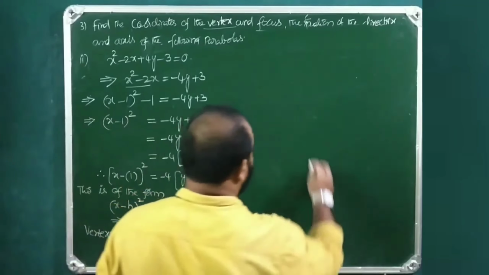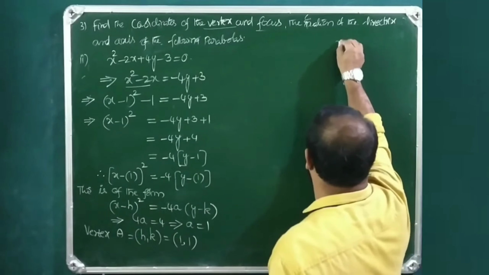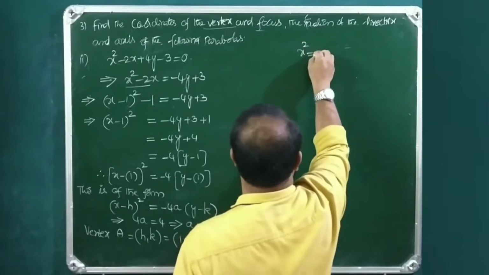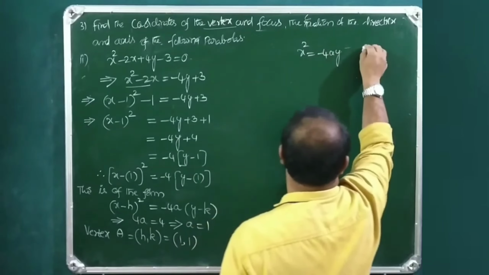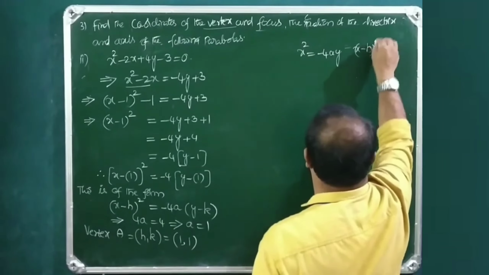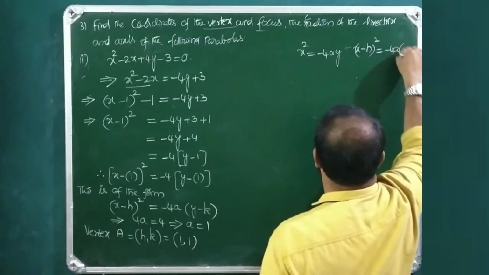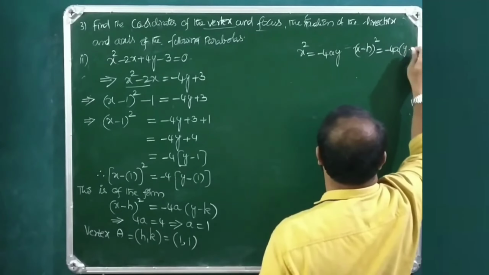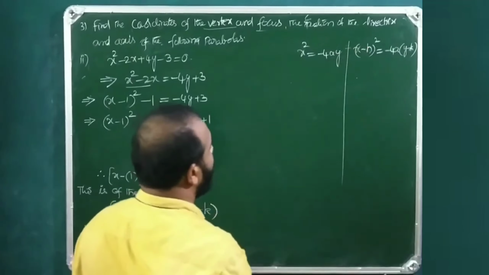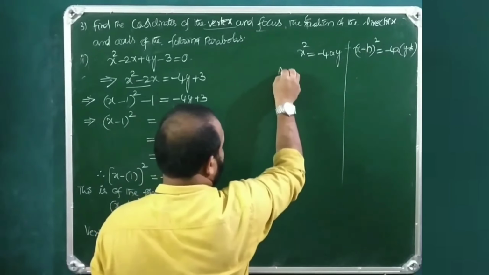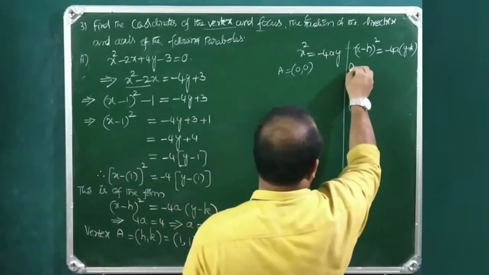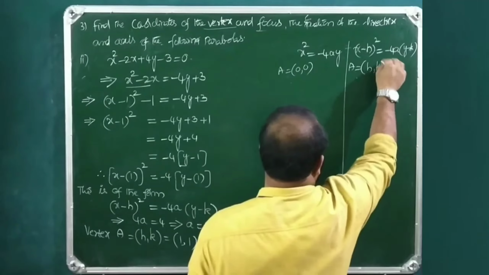Now, let us compare x square equals minus 4ay with x minus h whole square equals minus 4a into y minus k. For this, vertex A is 0, 0. Here the vertex A is h comma k.